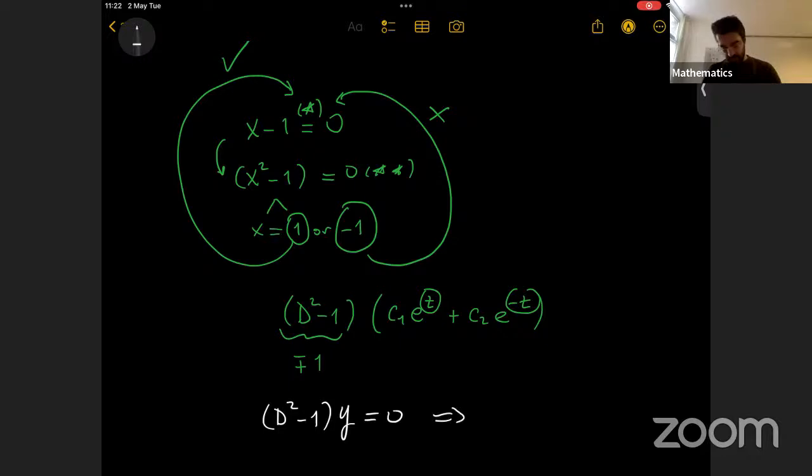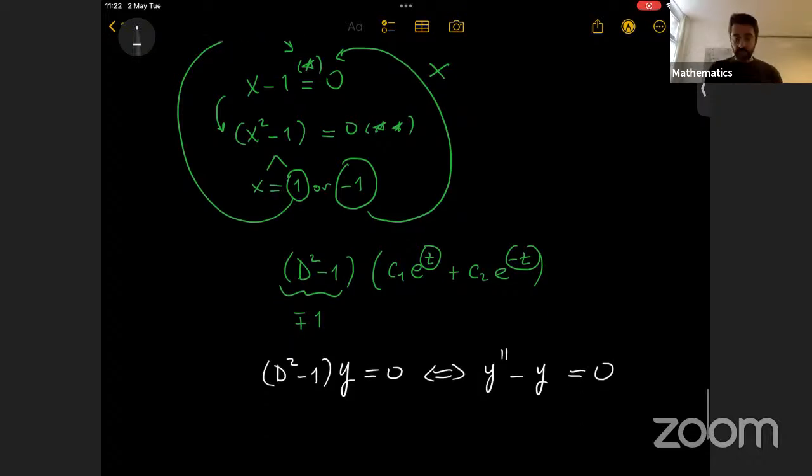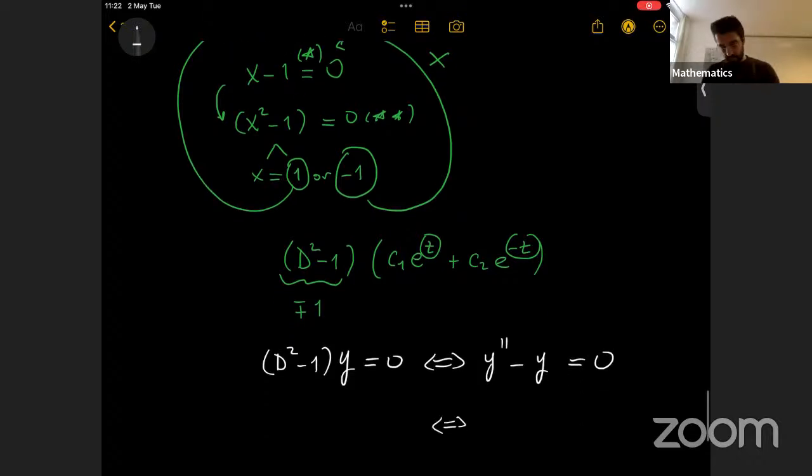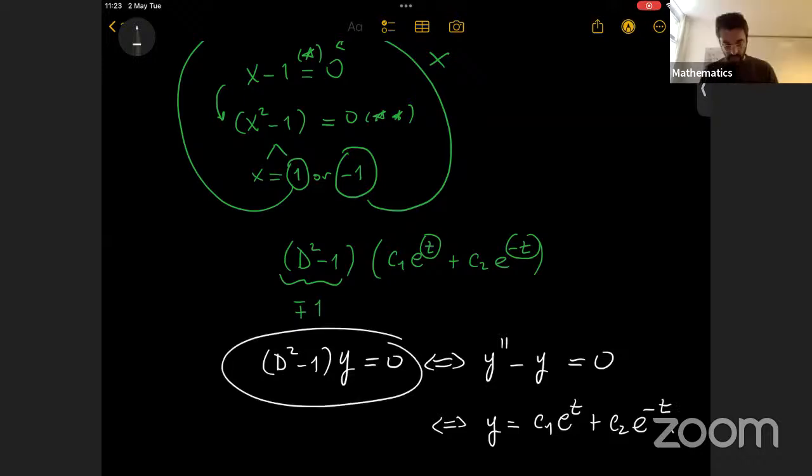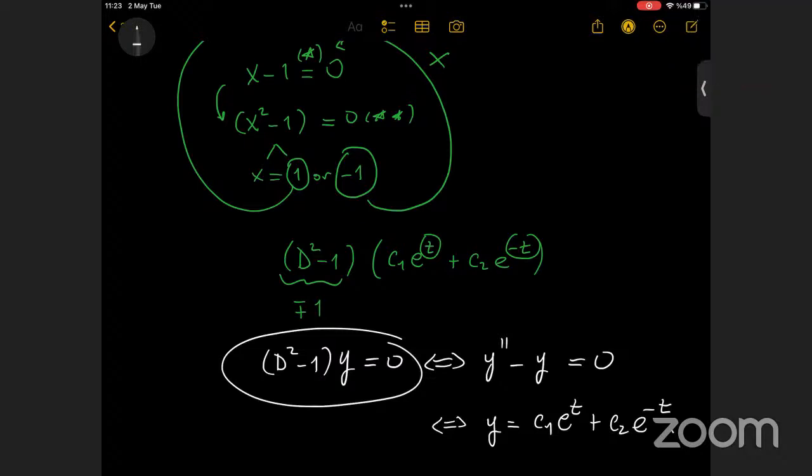What is this? This is the equation y double prime minus y is equal to 0, right? And the solutions are what? y is equal to c1 e to the t plus c2 e to the minus t. That means if you plug this back into the equation here, you will get 0. Clear now? Yes, thank you. All right, good. Any other question?